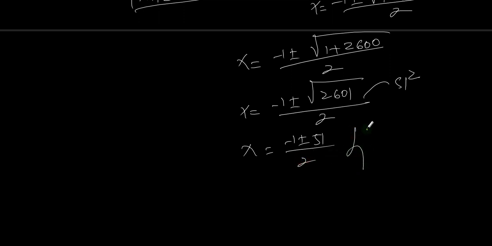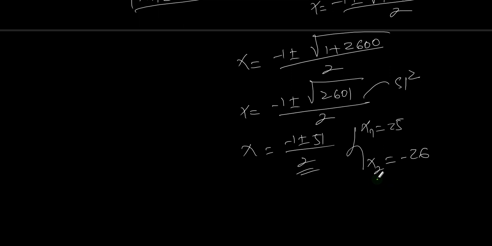Then x1 is minus 1 plus 51, which is 50; 50 divided by 2 is 25. And x2 equals minus 1 minus 51, which is minus 52; minus 52 divided by 2 is minus 26.